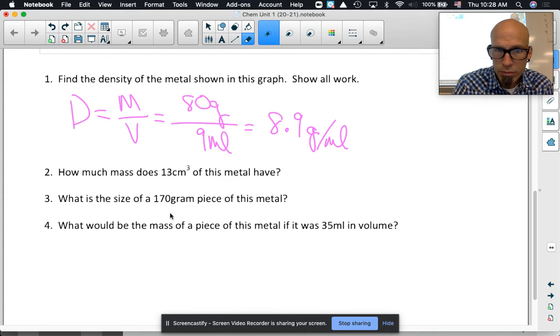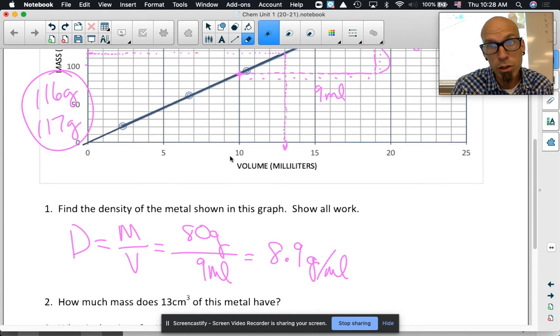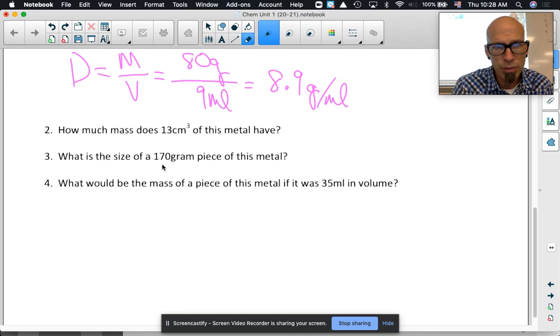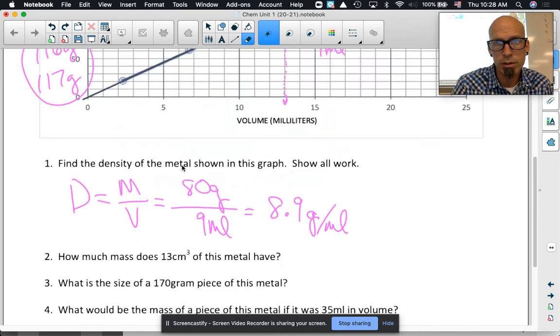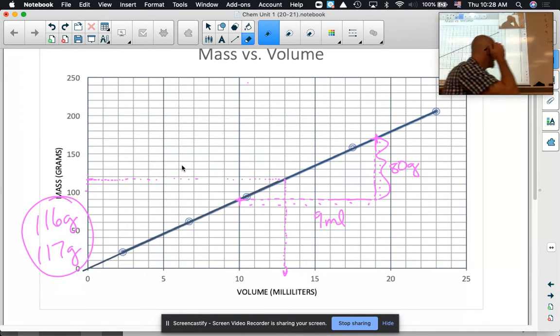Then, what is the size of a 170 gram piece of this metal? When they say size, what are they talking about? They're talking about volume. Volume is size. So what do I do here? Well, I go to 170 grams. Where's 170 grams? Well, that's 150.